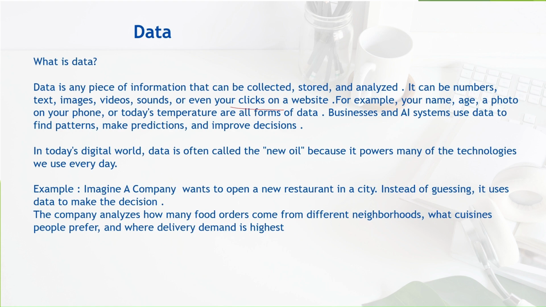If a company analyzes these data and then opens a restaurant, there is a possibility that there will be profit in his business rather than just guessing and opening a restaurant randomly in any place, right? That is the power of data. So, businesses and AI systems use data to actually find patterns, make predictions, and improve decisions.